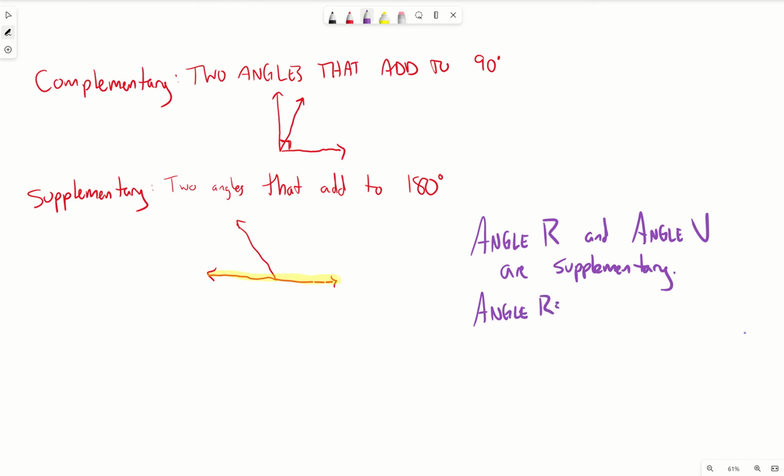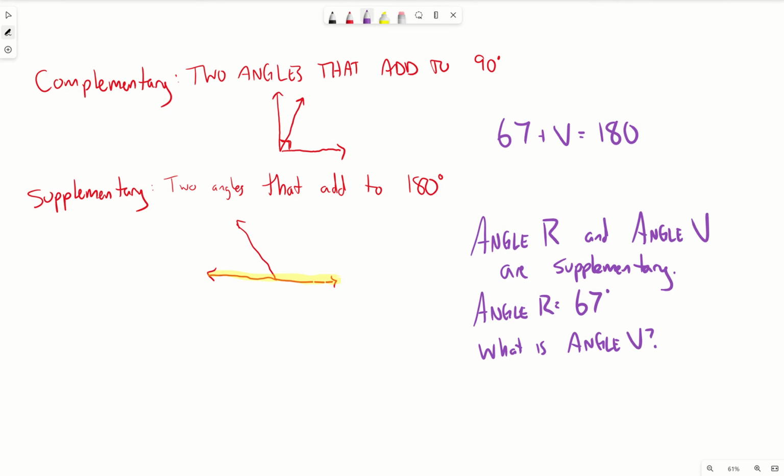Angle R is 67 degrees. What is angle V? Well, if I know that together they equal 170, I know R plus V equals 180. Sorry, not 170, 180.